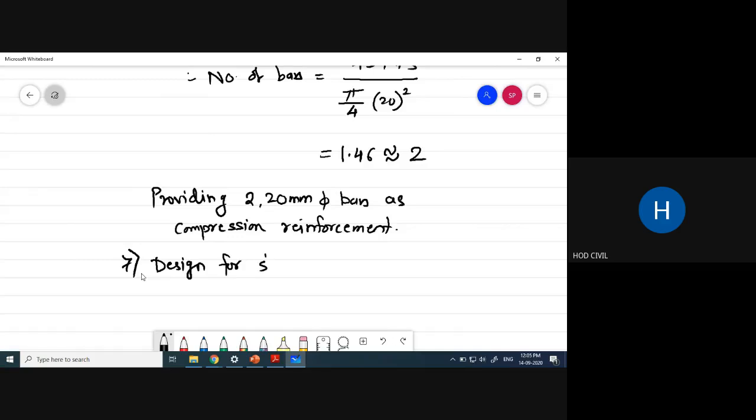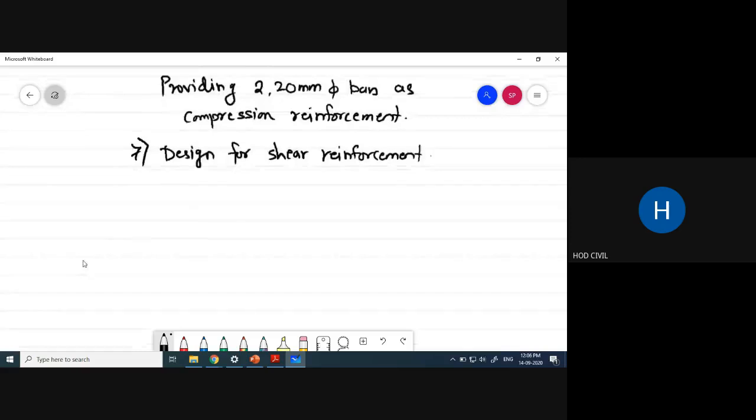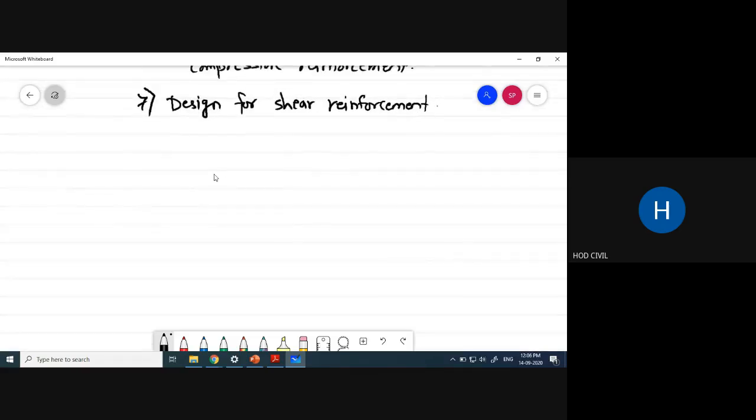This you have to do as a homework. Okay, at the end, I will simply draw the diagram here also. Once you complete the design for shear reinforcement, you have to show the diagram of the beam. So I will simply show you how it is expected.